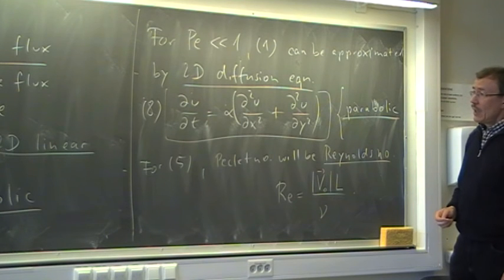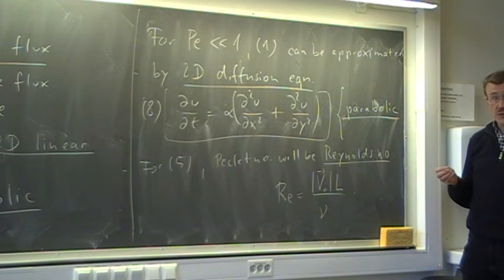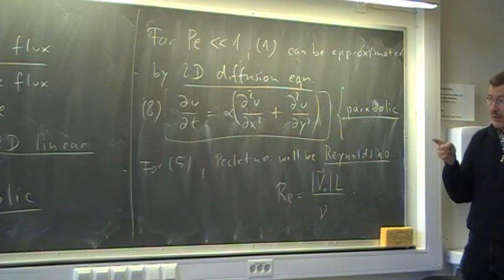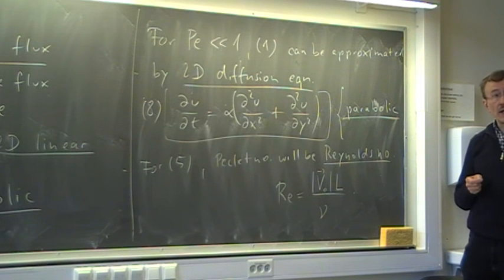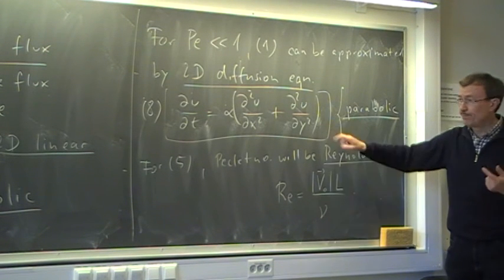And what about the convection-diffusion equation? Which type is that? We have a time derivative, we have first derivatives, and we have second derivatives. It is decided by the time derivative that we have either a hyperbolic or parabolic PDE, but it is decided by the highest space derivative, the second derivative. So it has the same character as the 2D diffusion equation. So the 2D convection diffusion equation is parabolic.